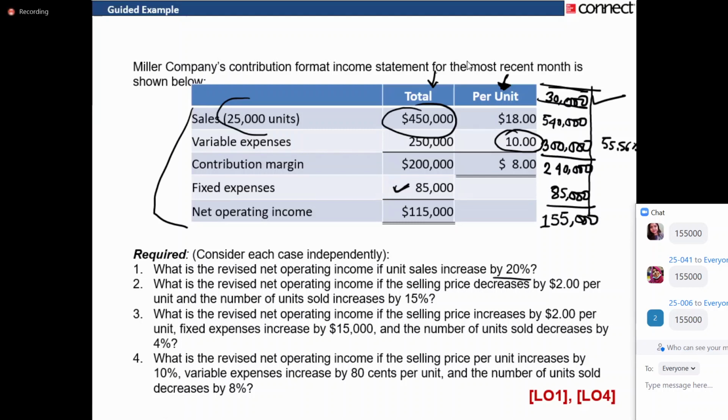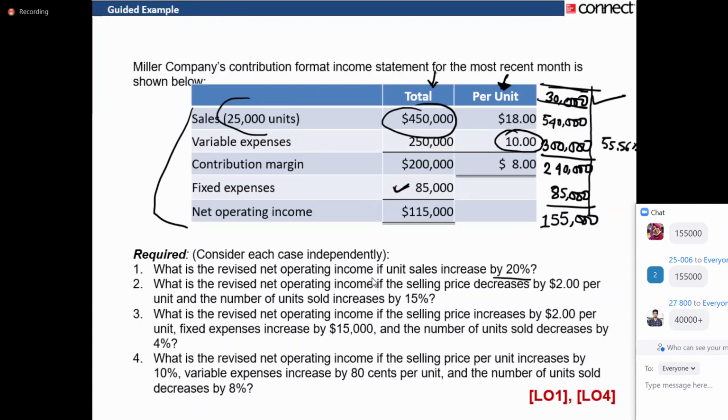Compared to the original case where we have the net operating income of 115,000, how much is the increase? Exactly 40,000. So case number one is good for us. If we can increase the unit sales by 20%, it will give us 40,000 more net operating income.